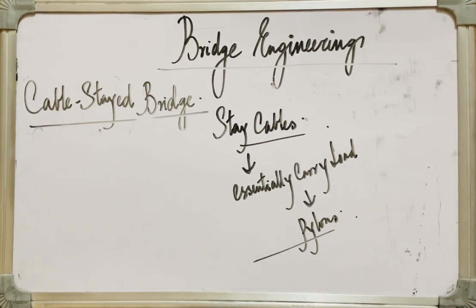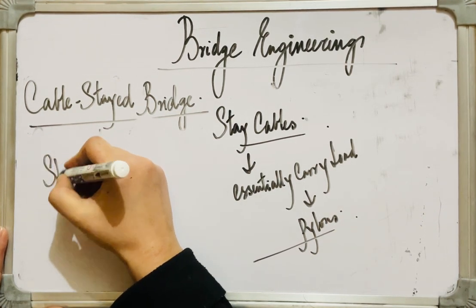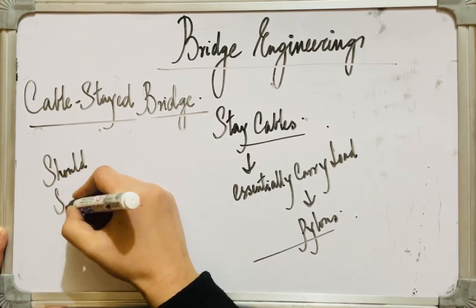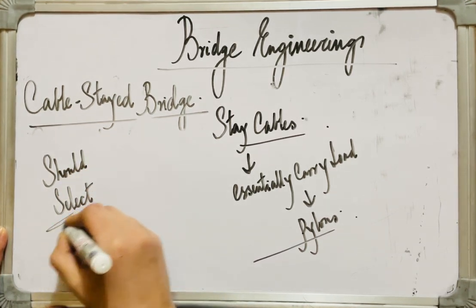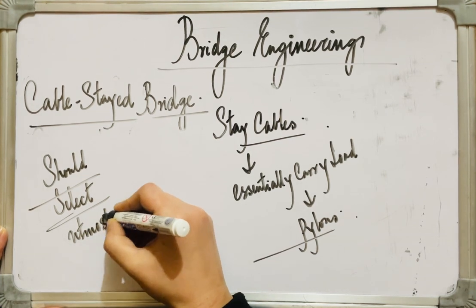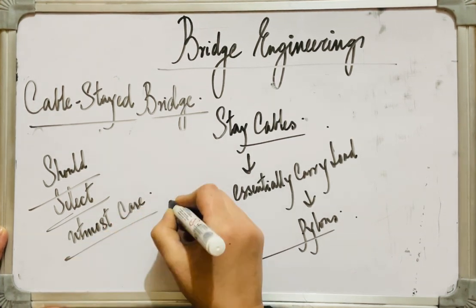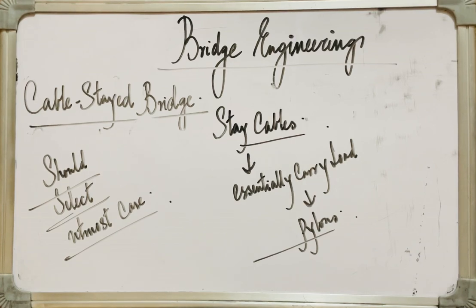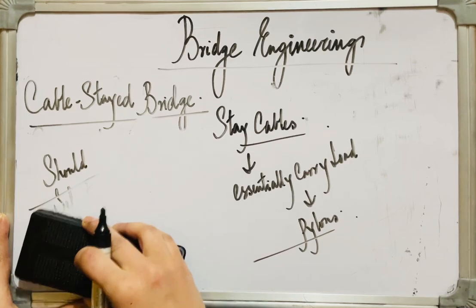That means the need arises that we have to select these stay cables with utmost care. All right, because they essentially form the most important component in case of a cable stayed bridge.